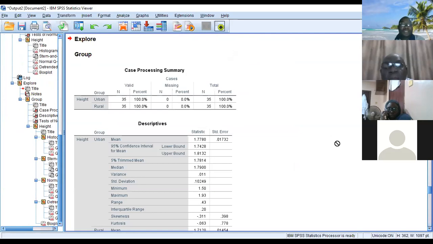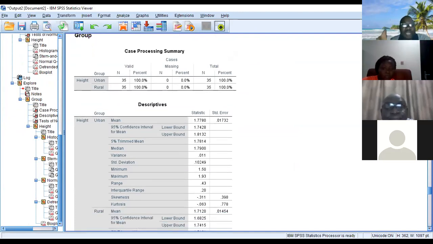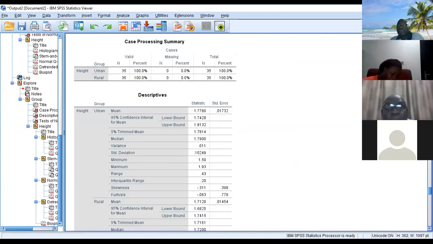What did you notice? Right, from urban and rural. Yes, you now split it. You explore it group by group. Before, we explored all of them together. If you want to explore it by group, you don't even need to go and split. You get the picture now. You can explore without even going to split. So you just put the group variable under the factor, and it will explore it by group for you.